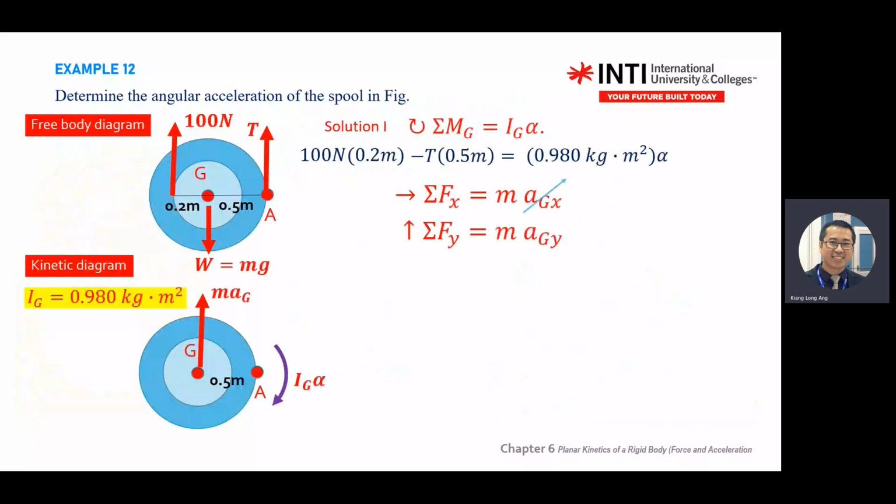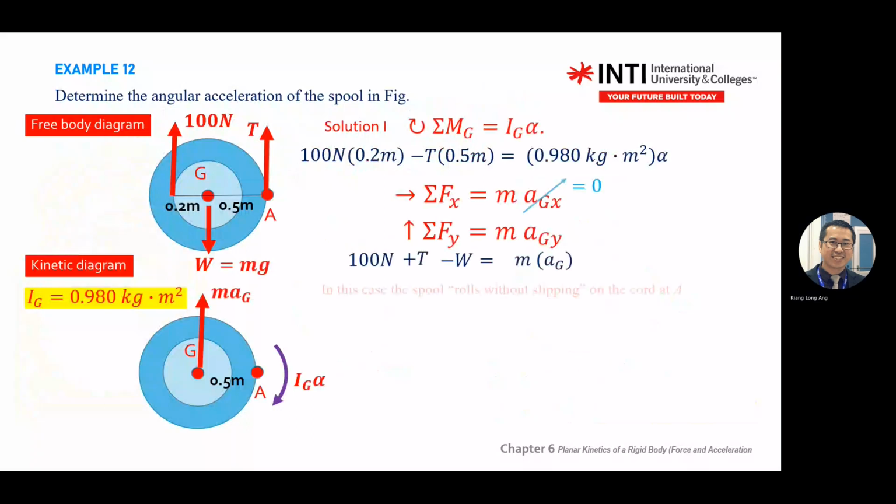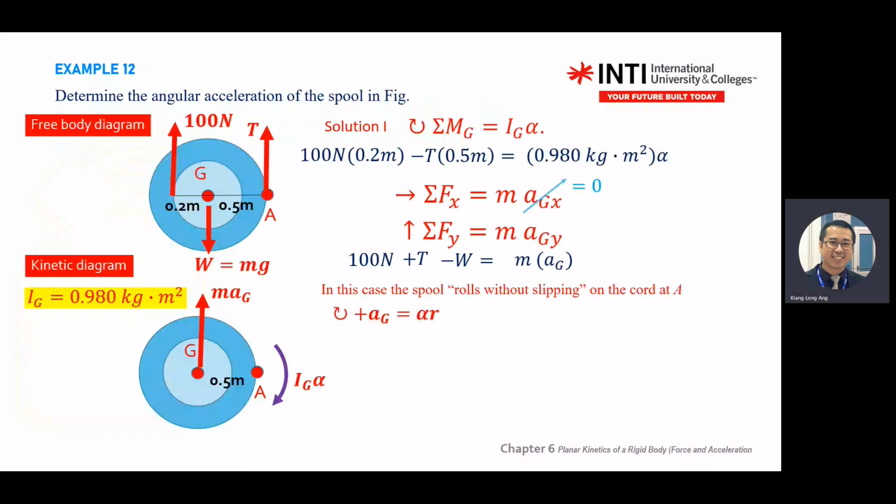Again, F equal to ma. This object does not move in the x-axis, so a is 0 in the x-axis, but it moves in y. In this case, the spool rolls without slipping at point A. So point A rolls anticlockwise, with no slipping.